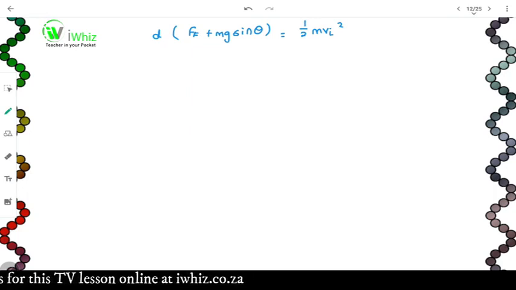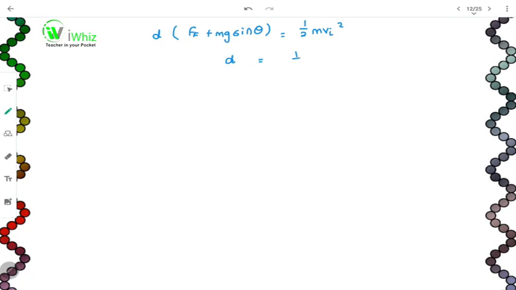And then now I can start to find d. So if I wanted d on its own, I'd get half mv squared all over force of friction plus mg sine theta. Let's do it. We would get half. What was his mass? The mass was 65 kgs. What was the velocity? That's right, 6 meters per second.